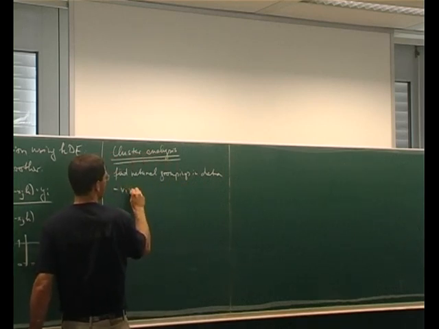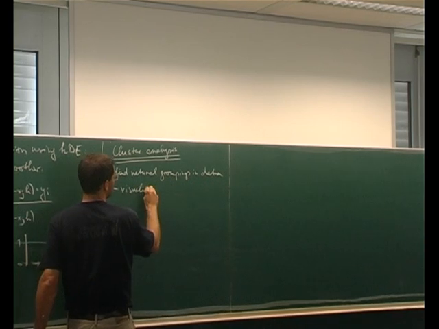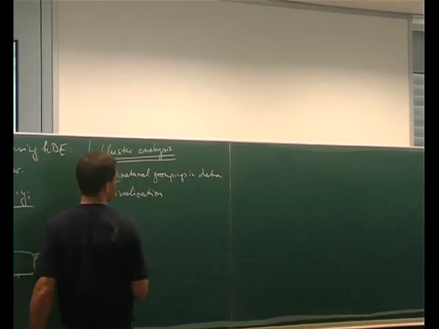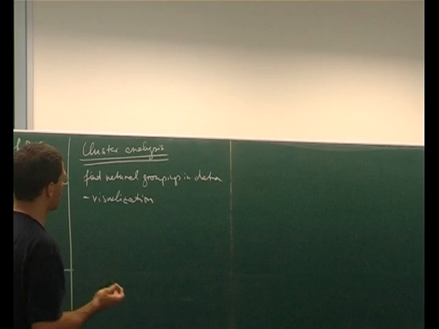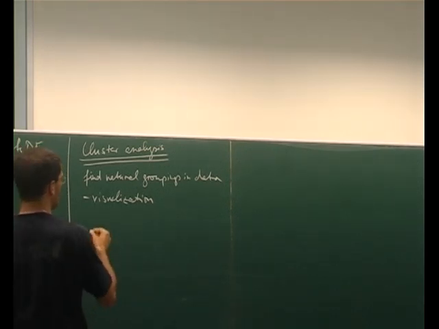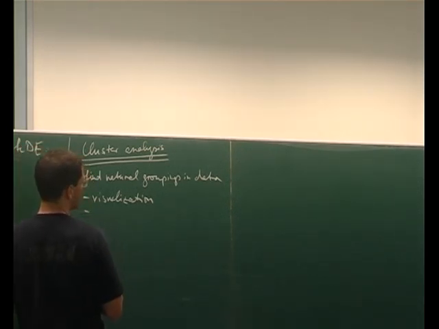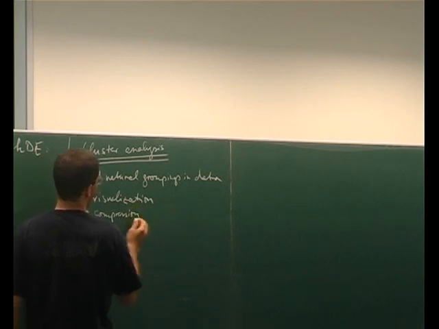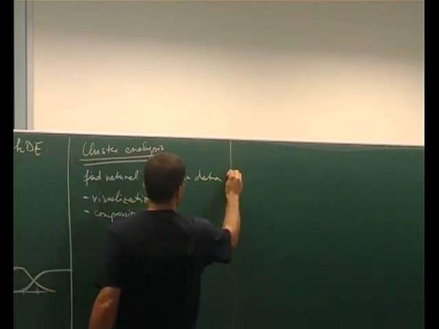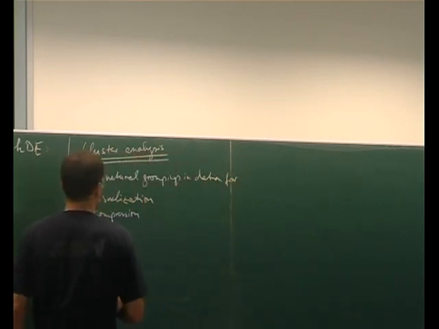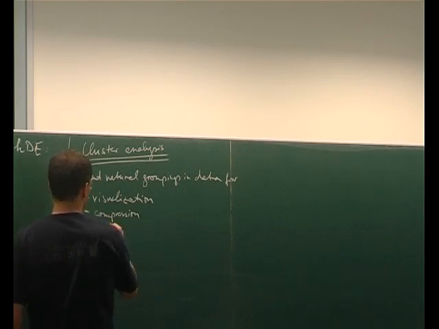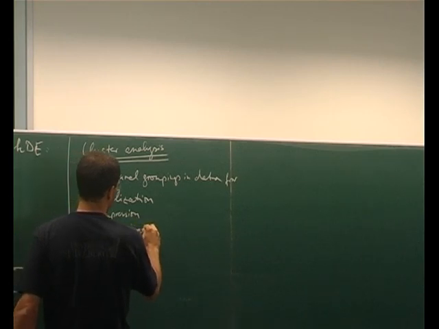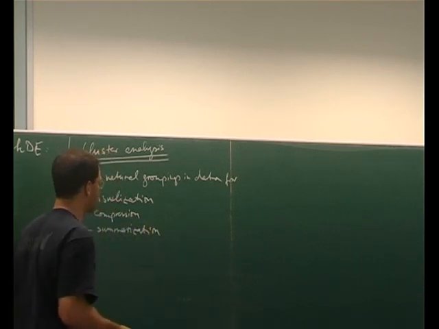That can be either a pre-processing step for visualization, so that you then look at one of these clusters in detail, or you can look at this as a way of lossy compression, or generally a way of summarizing your data.